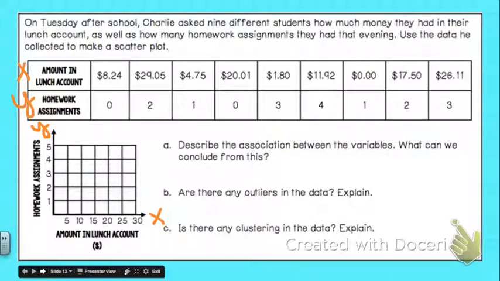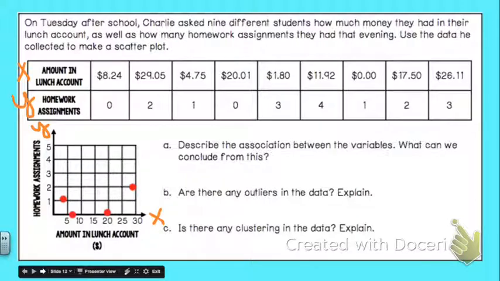So I'm going to go ahead and plot my points. The first one is $8.24 in the account and 0 homework assignments. So I'm going to put it right about here. The next one we have is $29.05 in the account and 2 homework assignments. Then we have $4.75 in the account and 1 homework assignment. Then we have $20.01 in the account and 0 homework assignments.